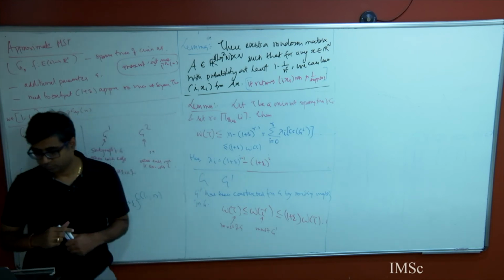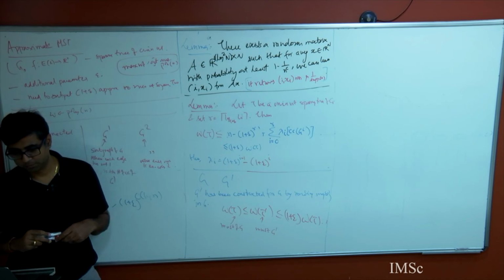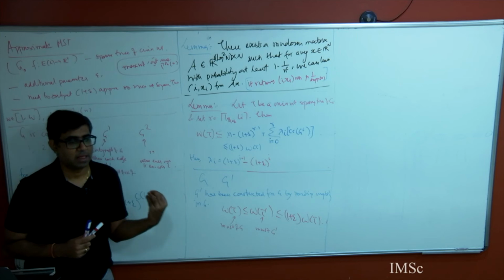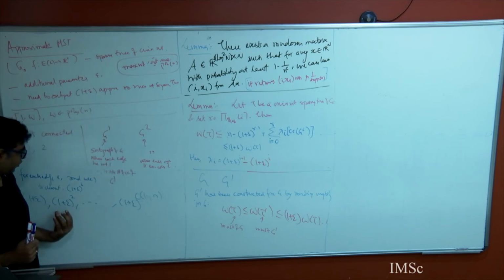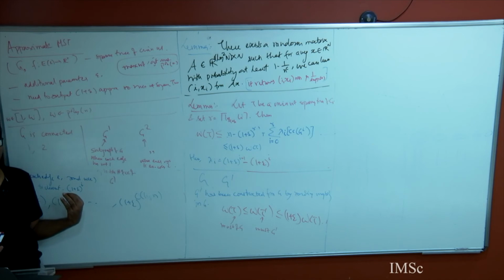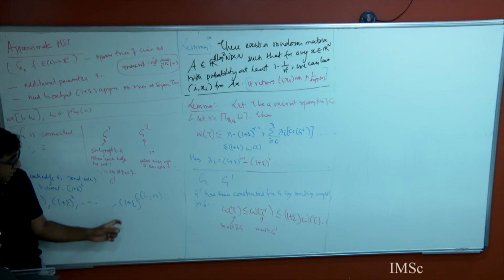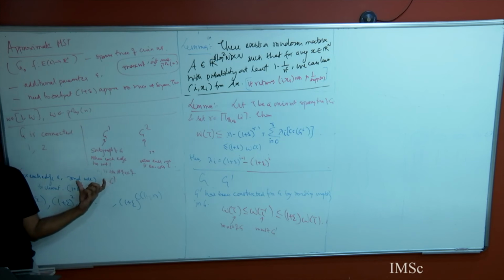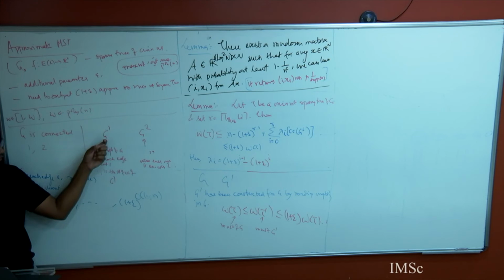So first, how many edges of weight 1 plus epsilon will Kruskal's algorithm add? Here, when we were doing this, how many edges did it add? n minus the number of connected components of G1.